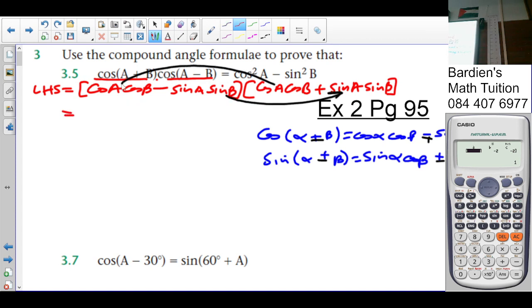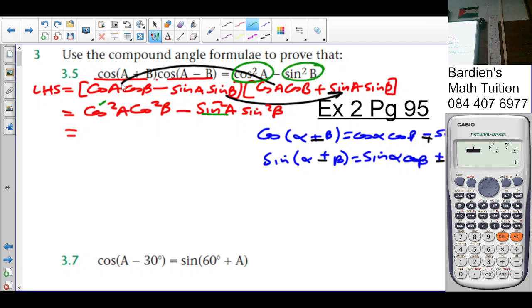Cos A cos B times cos A cos B is going to become cos squared A cos squared B, minus sine A sine B times sine A sine B, sine squared A sine squared B. If you're looking at the right hand side, you should note that you only got in terms of A cosines, so I'll keep that one and change that one. And you got sine squared B, I keep that one and change that one.